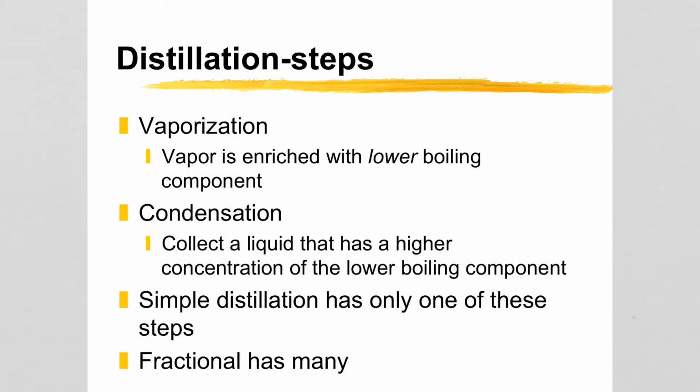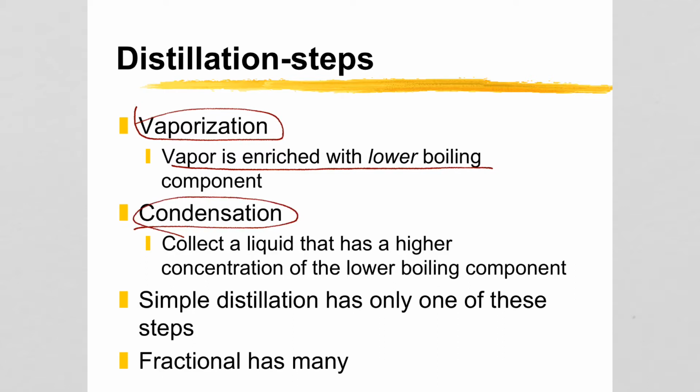And recall that you have steps in a distillation. The first step is called vaporization. And at that point the vapor is enriched with the lower boiling component, which in this case is ethanol. Then you have a condensation step, and that allows you to collect that vapor as a liquid that has a higher concentration of the lower boiling component.